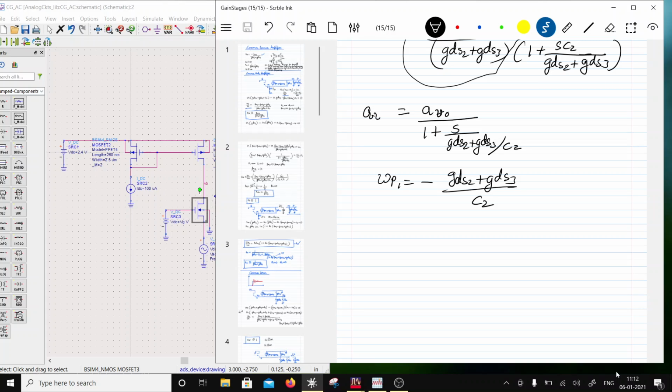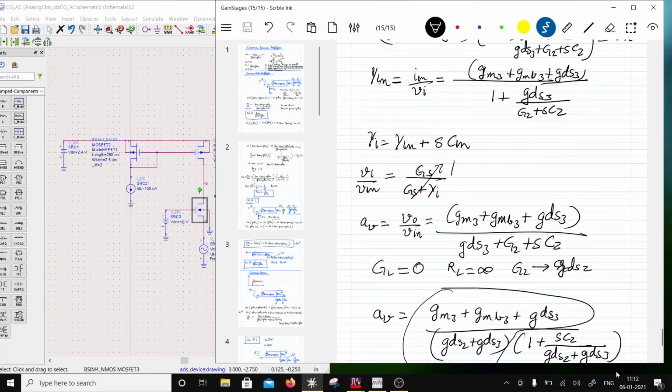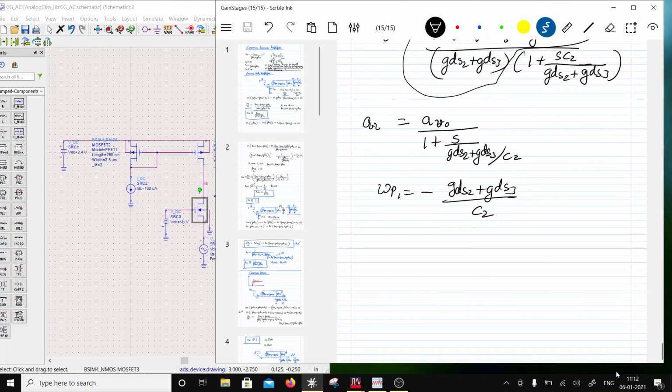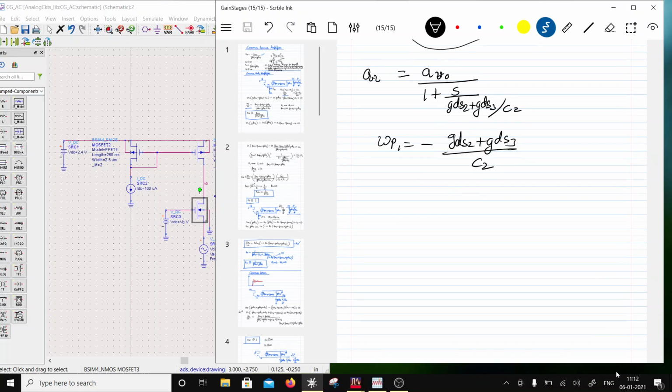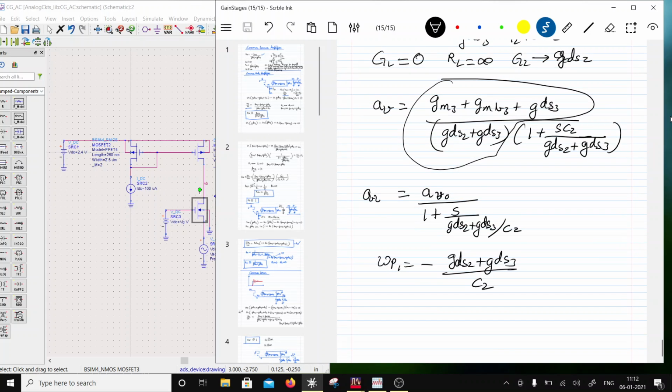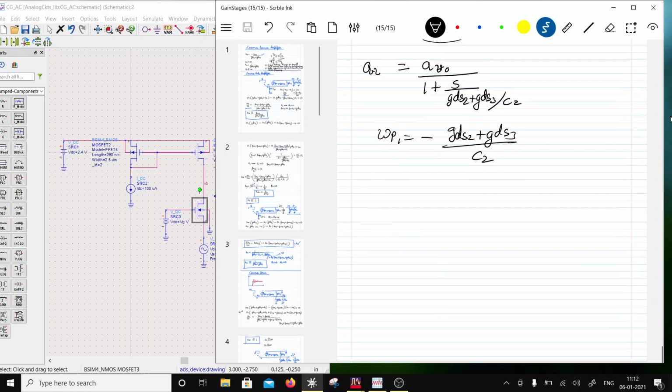And there would be a pole because of the input node, but this would be the dominant, and the other will be far away. So I can assume that there is only one pole which will cause a phase roll off of 90 degrees, and then beyond a certain very high frequency, because of the input node, there will be one more pole, right?